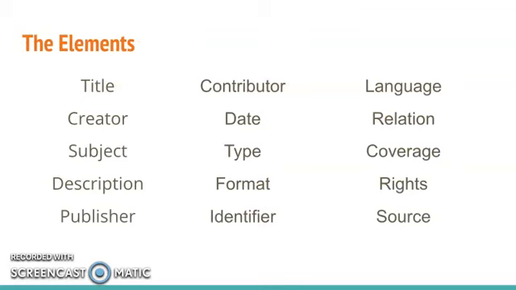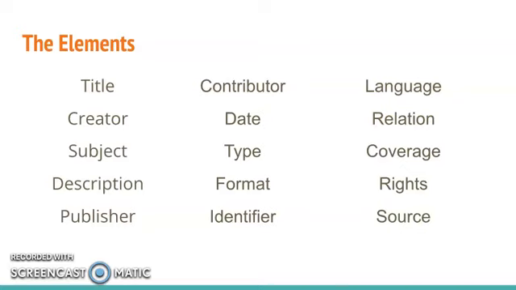The elements are title, the name of the resource; creator, the entity primarily responsible for making the resource; subject, the topic of the resource. As with some other elements, the DCMI recommends that people use a controlled vocabulary when naming a value here.